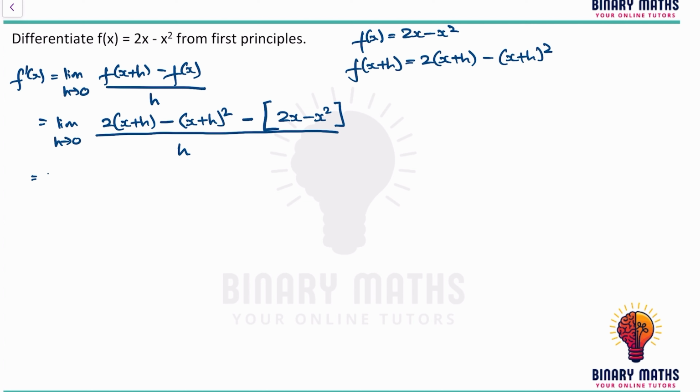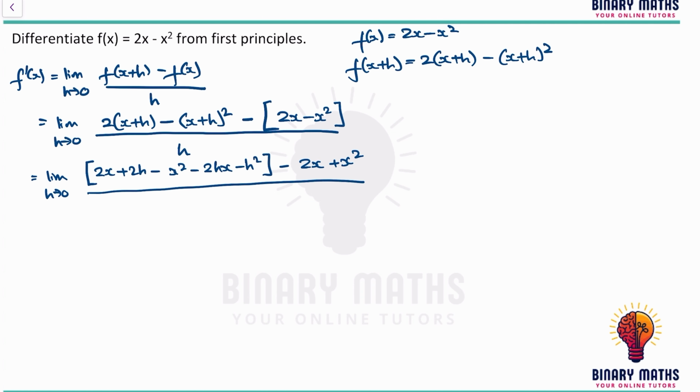So limit h tends to 0 of 2x plus 2h minus, if I expand x plus h squared, I need to subtract x squared plus 2hx plus h squared. So that's what I get from the first two terms. Take away 2x plus x squared, because the minus times negative x squared gives me positive x squared, all over h.